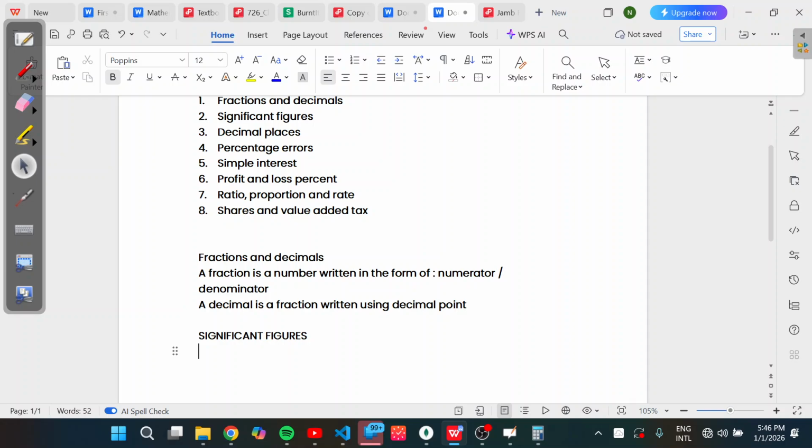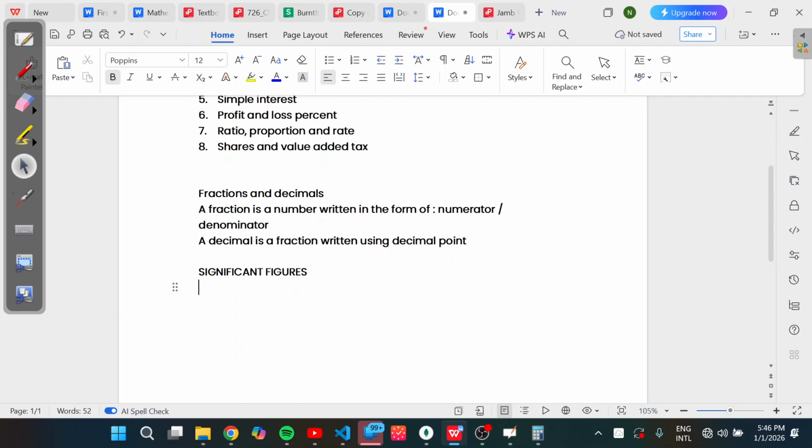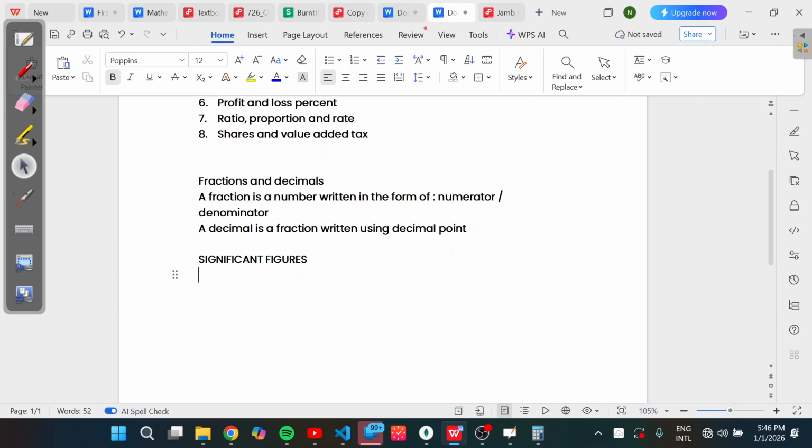You can also search up the meaning of significant in the dictionary, and the meaning of significant is something that carries meaning, something that you consider important. So it's still the same thing as what I just said, which is significant figures are the digits in a number that are meaningful. Now, what are the rules to determining significant figures?